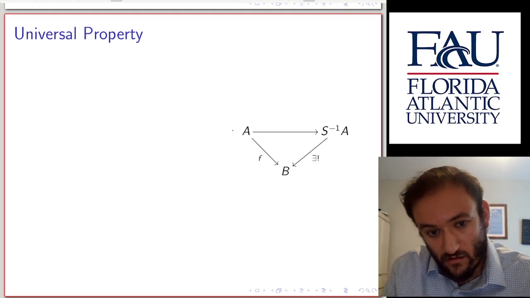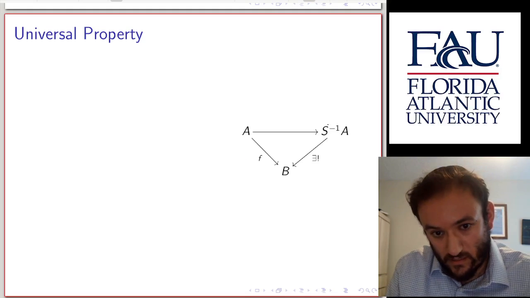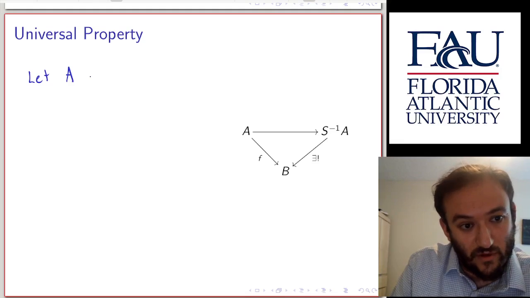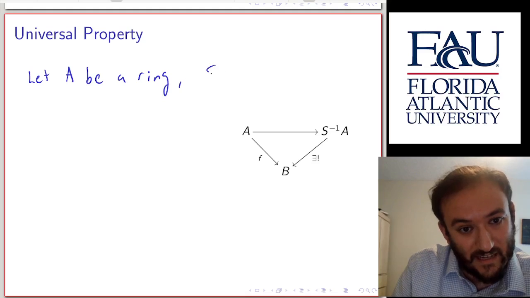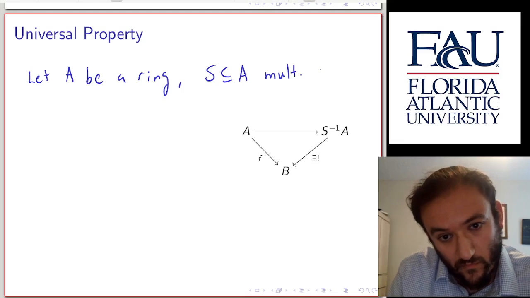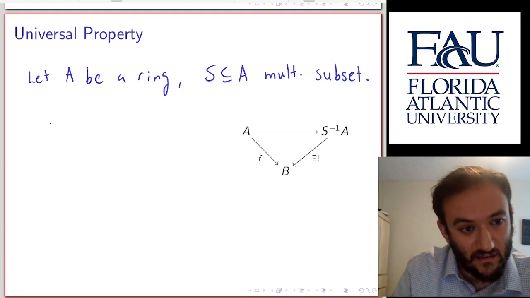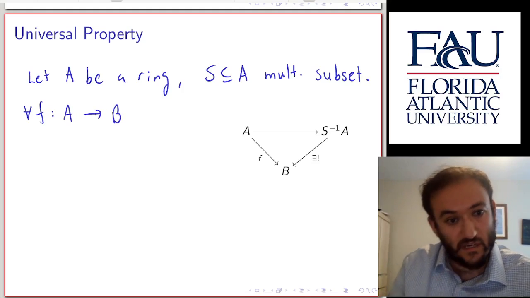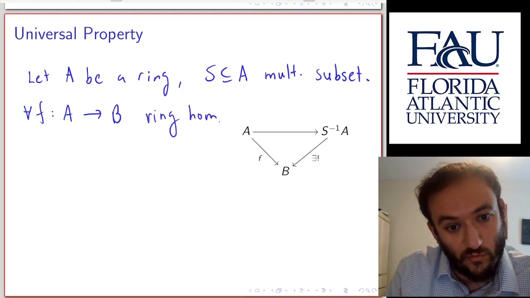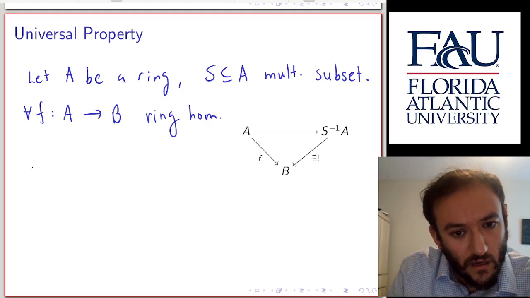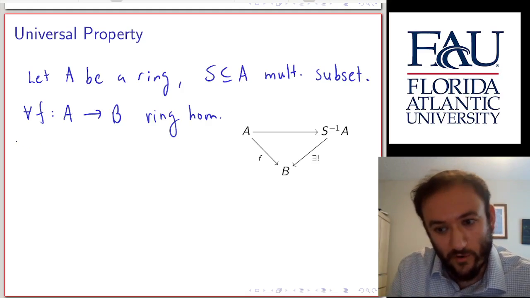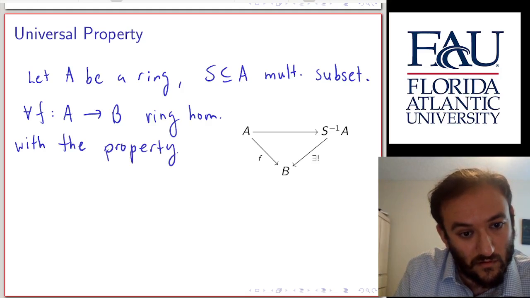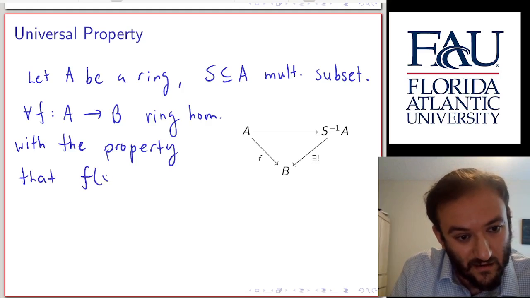So the localization is a special ring such that, if we fix A to be a ring, and we have S in A a multiplicative subset, then we say that for any f from A to B, okay, we're talking ring homomorphisms here, where B is also a ring, with the property, this is the key, that f of x is a unit.